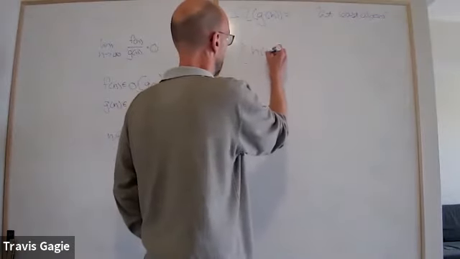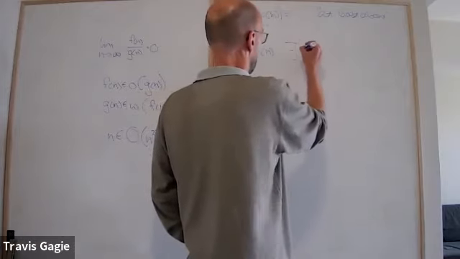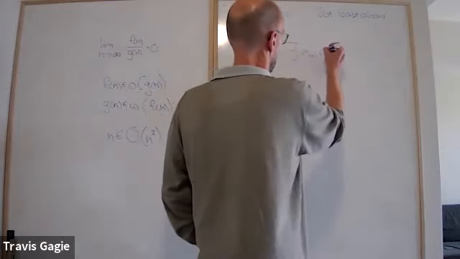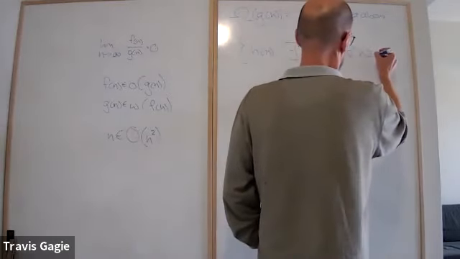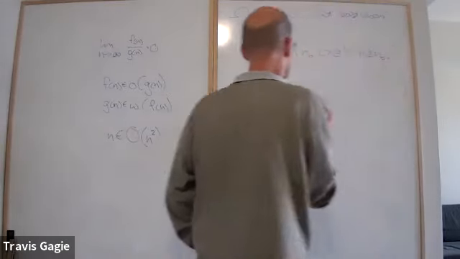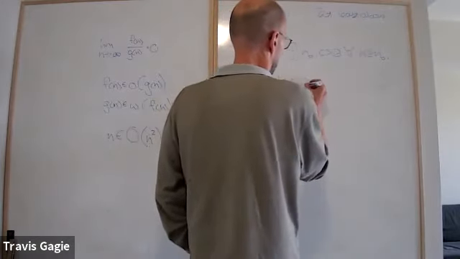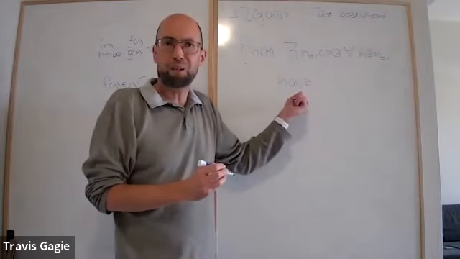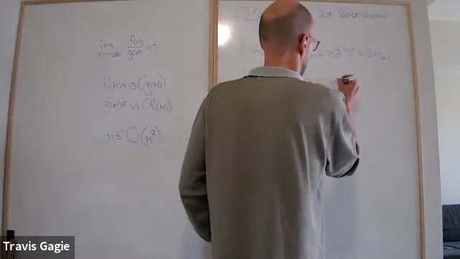This is the set of functions h of n such that there exists n0, c greater than 0, such that for all n greater than or equal to n0, h of n, you just turn the inequality sign around, right? Is at least c times g of n.